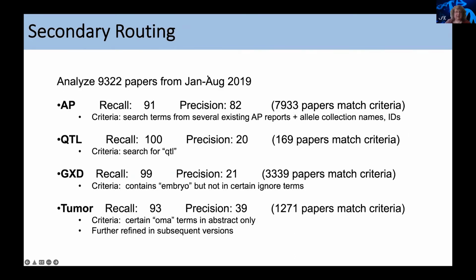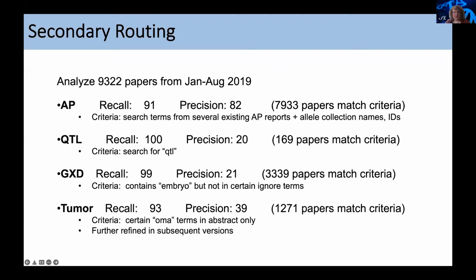So we analyzed in our test set 9,322 papers from January to August 2019 that had been fully indexed or curated during that period of time by our curators. And we compared the results of the automated secondary routing to what the curators had entered in our database. And for the alleles and phenotypes group, the recall and precision was quite good.